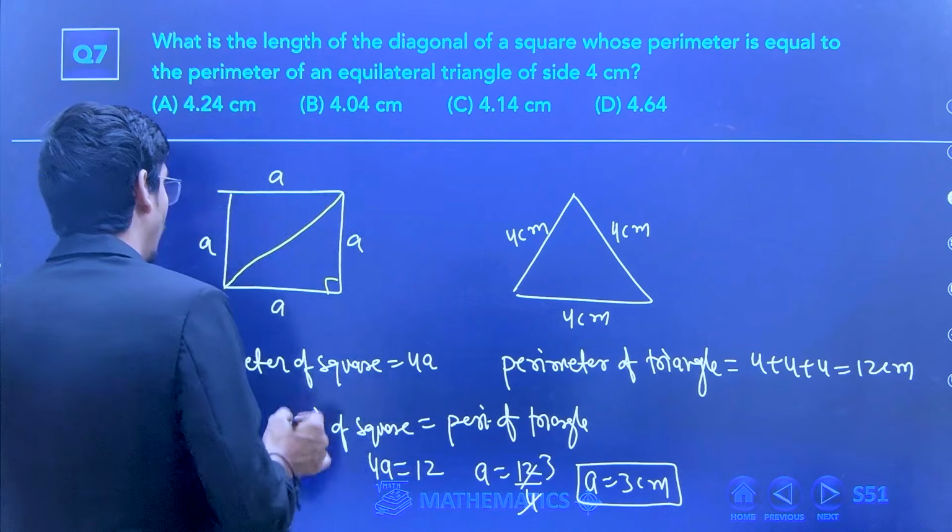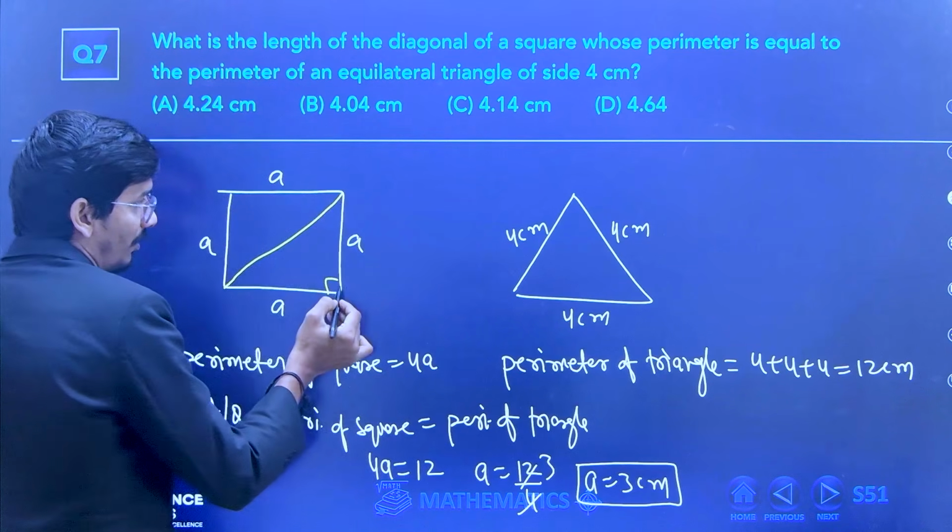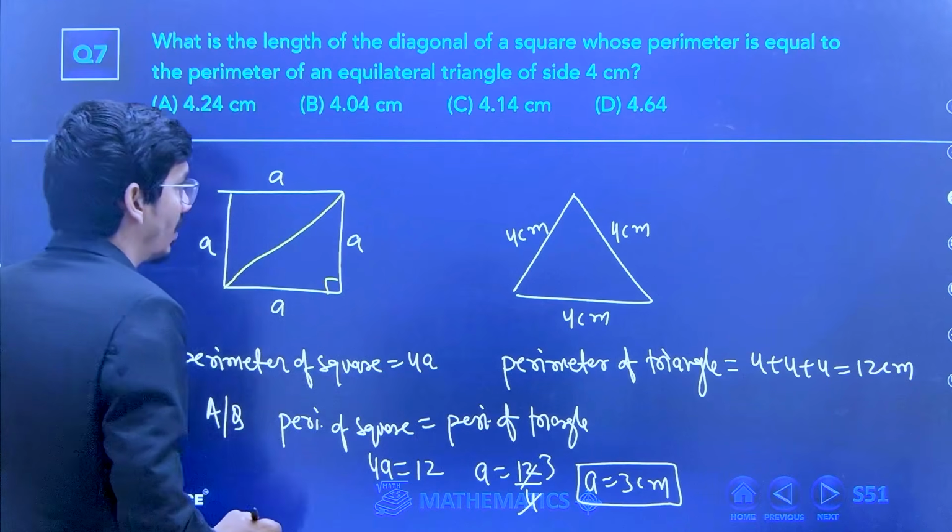Hypotenuse square equals perpendicular square plus base square.